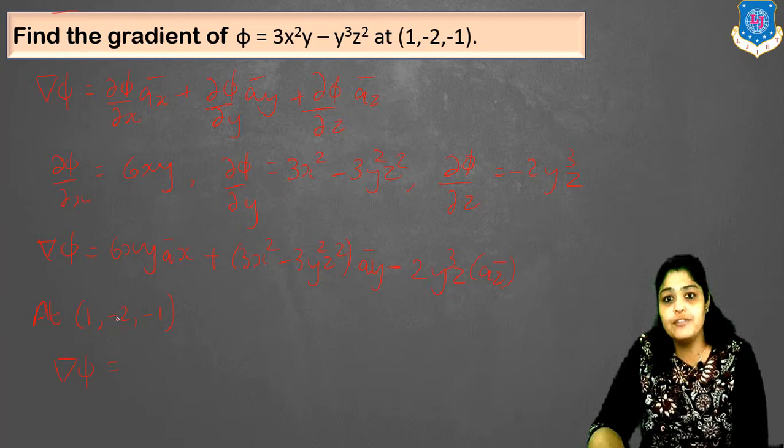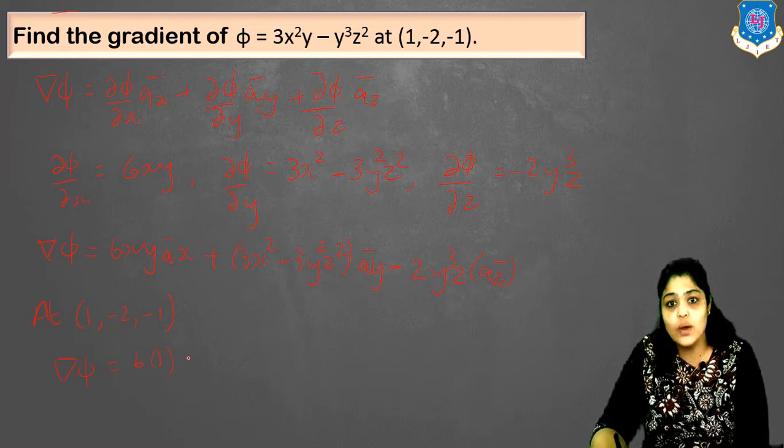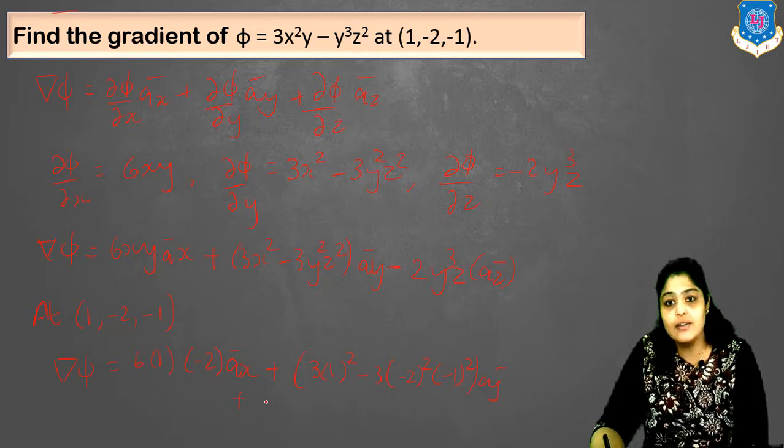So you have 6 into 1 into minus 2 a_x, plus I have 3 into 1 squared minus 3 into minus 2 squared into minus 1 squared into a_y, plus I have 2 into minus 2 cubed into minus 1.